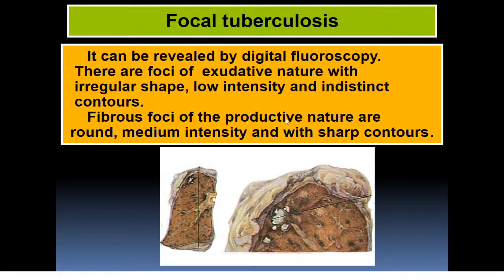That's why the intensity of soft focal shadows is less than the intensity of ribs, and the intensity of fibrous foci looks like the intensity of ribs or higher than the intensity of ribs, because these changes are very, very dense.